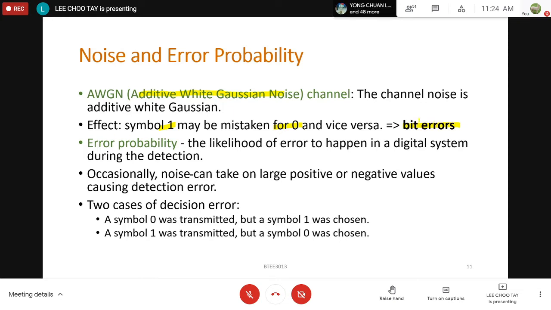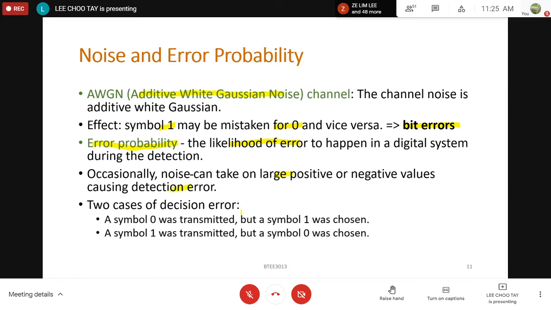And then the error probability. Error probability is defined as the likelihood of an error to happen in a digital system during the detection process. So we're talking about the chances of error. Occasionally noise can take on a large positive or large negative value and cause detection error as well.